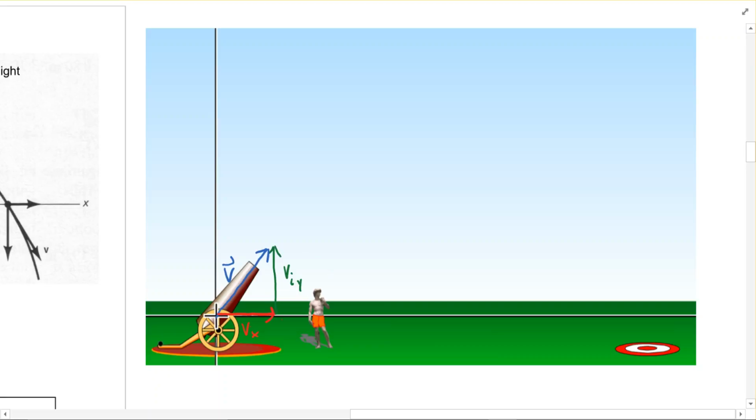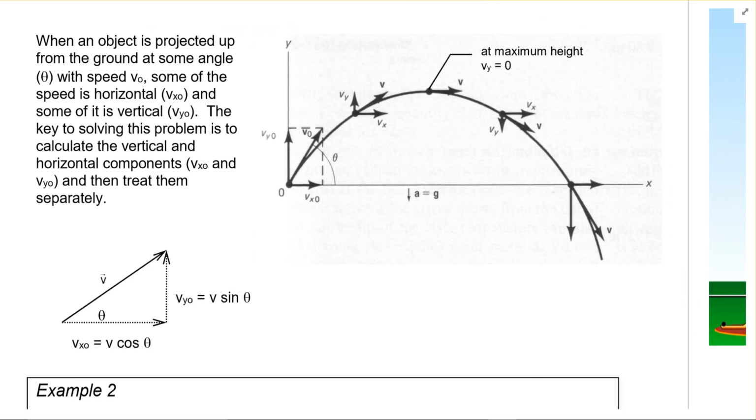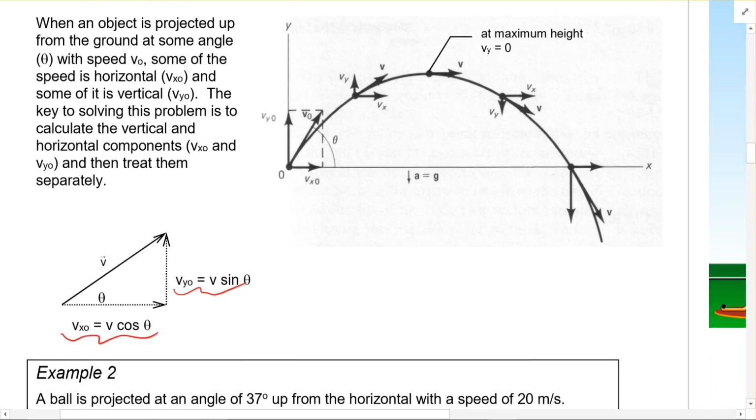So that's pretty much the only more difficult part of this, that we just split up that initial velocity. And that's what I have down here. So step number one in these type of problems is you got to split up that initial velocity of the ball you kicked or whatever it was.